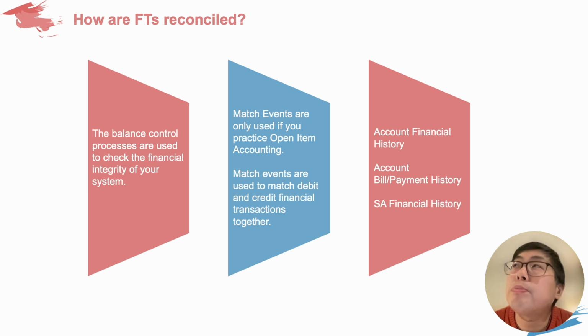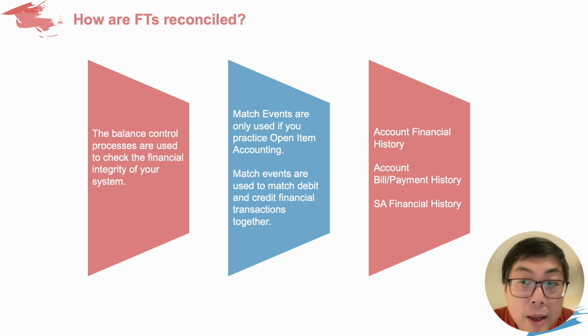Second thing is something called the match event. Now, you probably haven't heard this term, but I think I have talked through open item accounting, right? So when we have open item accounting, we said a payment is matched with the bill. Now, the match event is what links the payment financial transactions and the bill financial transactions.